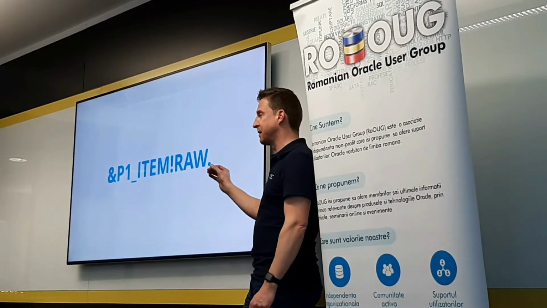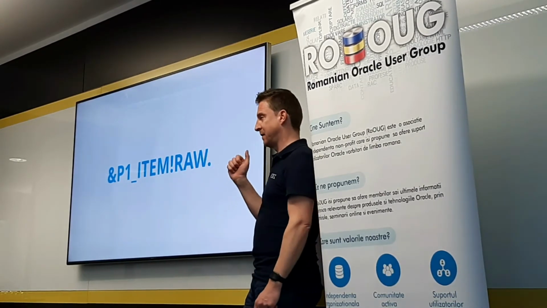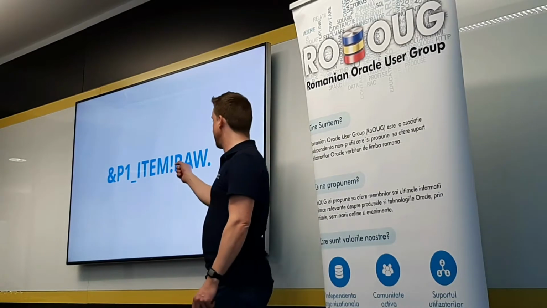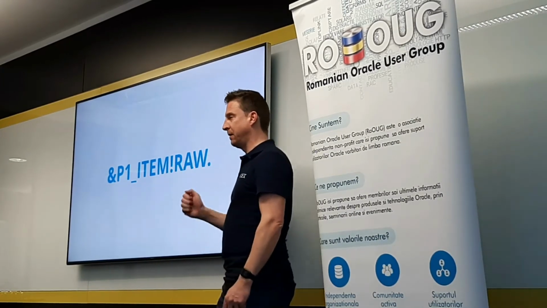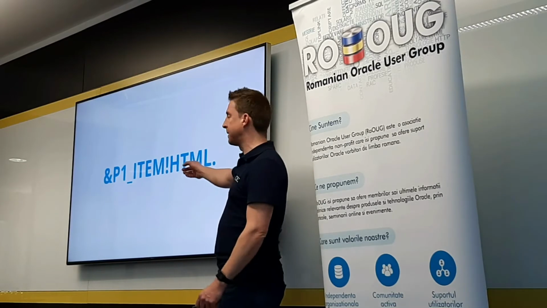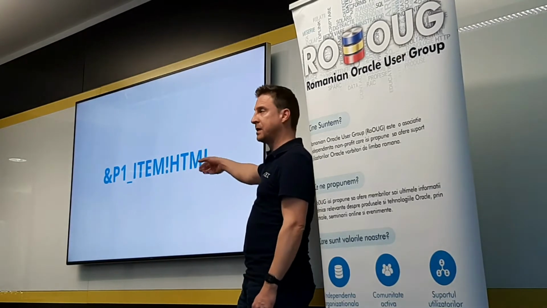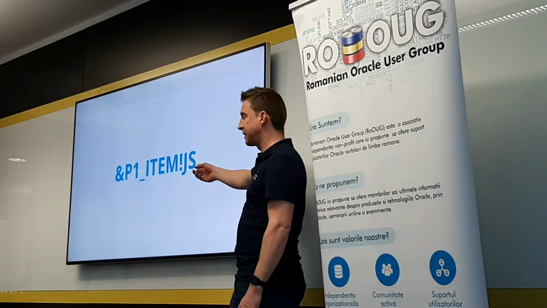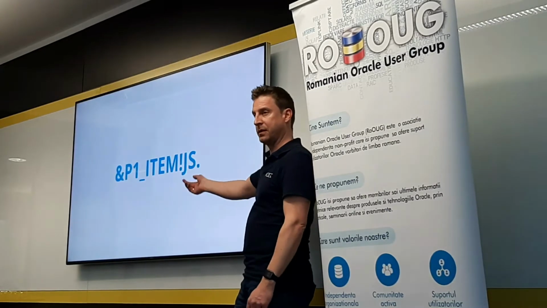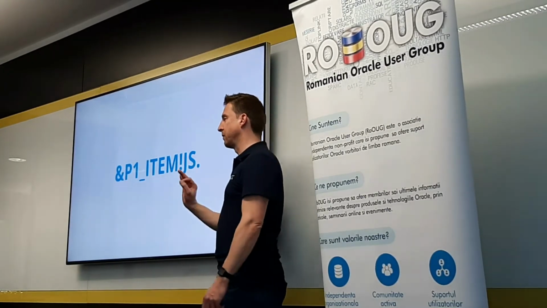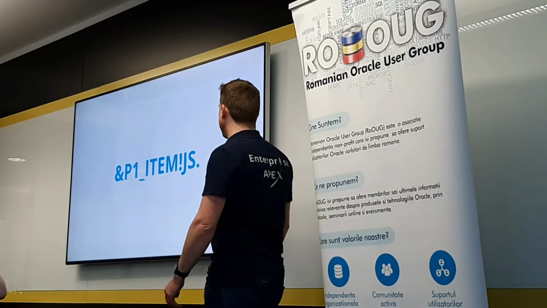In some places, it automatically escapes the session state. But using that, you can tell it, give me what's there, or please escape it to be used in HTML code, or in JavaScript code, and so on. So that lets you control security and escaping a bit more.